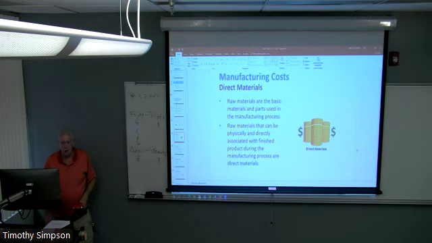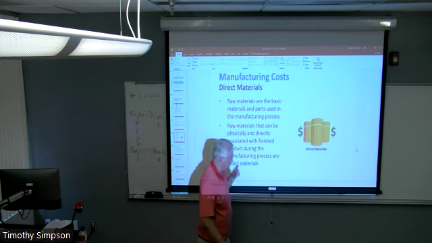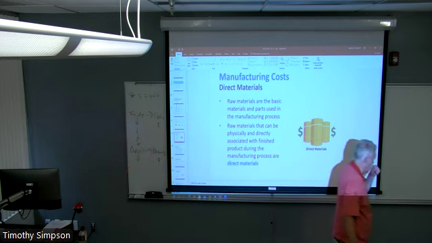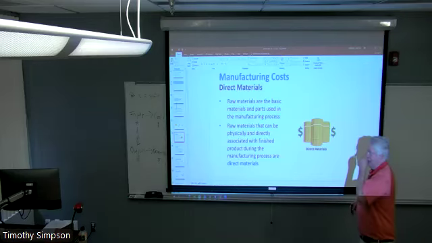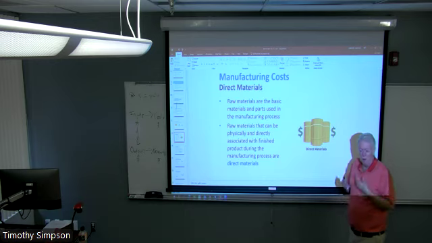So let's talk first about direct materials. When we talk about direct materials, we're talking about things which come to us that we would describe as raw materials. When most of us think about raw materials, we're thinking about very raw materials, things that just came out of the ground like coal and iron ore or timber. But they may not be that raw at all.